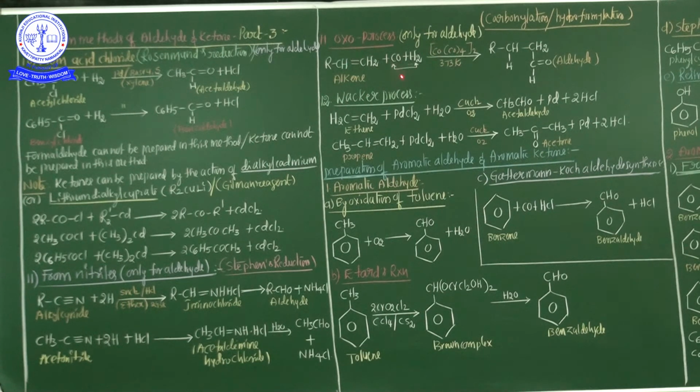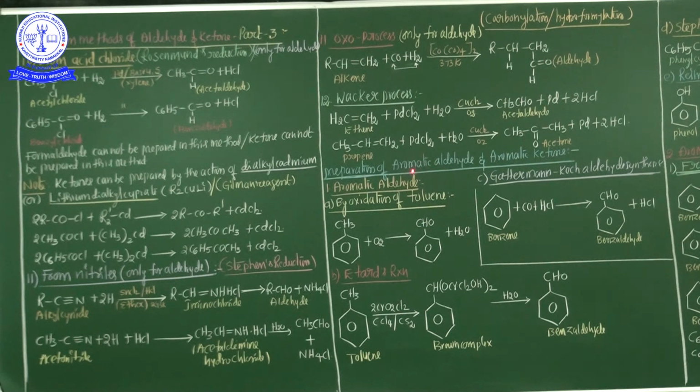What is the water gas formula? CO plus H2, a mixture of carbon monoxide and hydrogen is called water gas. In the presence of cobalt carbonyl as a catalyst and 373 Kelvin, it immediately forms the aldehyde. This is the OXO process, one of the important industrial preparations of aldehyde.